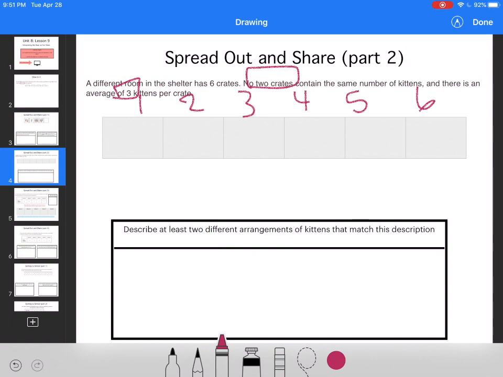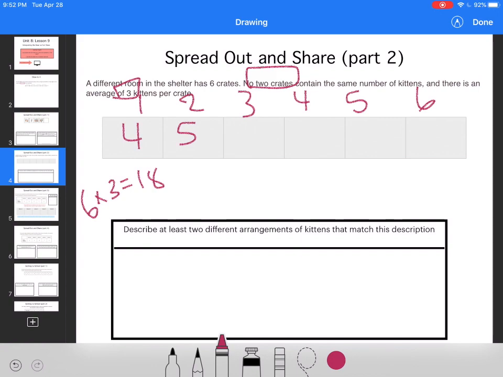So I'm trying to figure out how many total kittens I have. Well, if I have 6 crates and there are 3 cats in each crate, that means I've got a number of 18 that I'm trying to split up. So I'm trying to figure out how to get it into 9s, similarly how I did it before. So I know that I have 4 and 5, that gets me 9, and then I've got to get 9 using 4 other boxes.